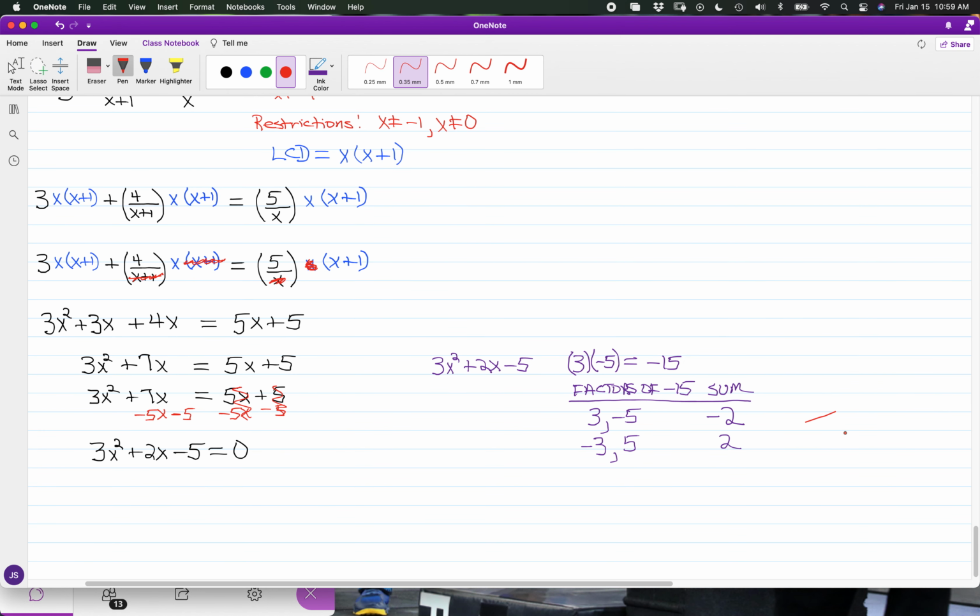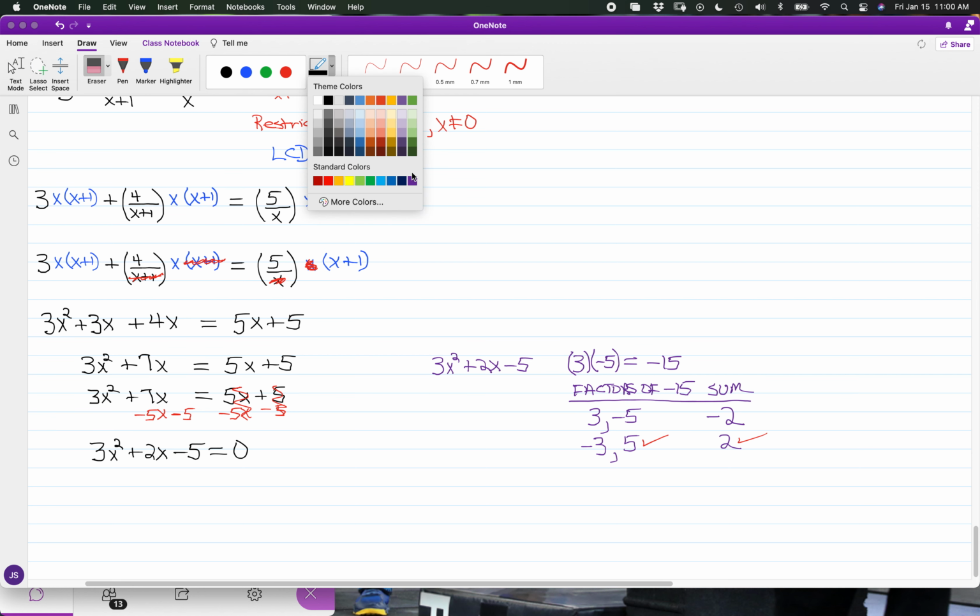So we're going to have here in the rewrite, again, 3x squared plus 2x minus 5.